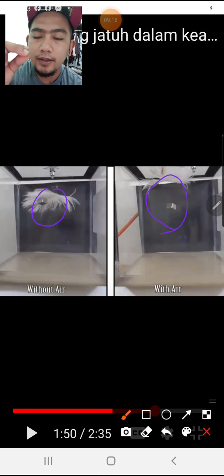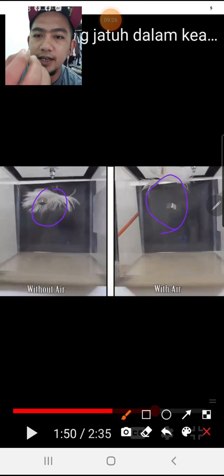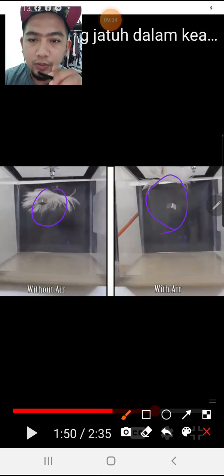That's why itu air resistance and any other force kita ignore because dia dalam keadaan free fall motion. Okay, that's why berat ataupun different size dia tetap akan jatuh ke tanah itu dalam masa yang sama.